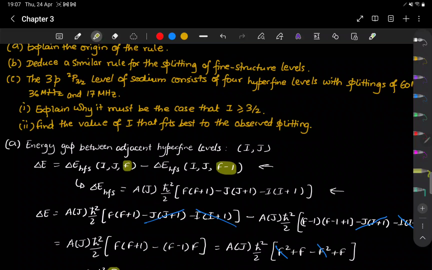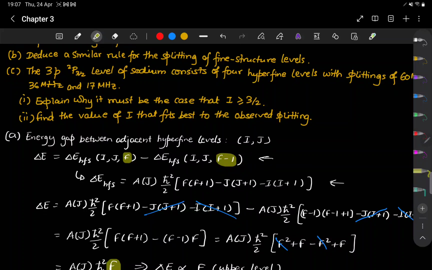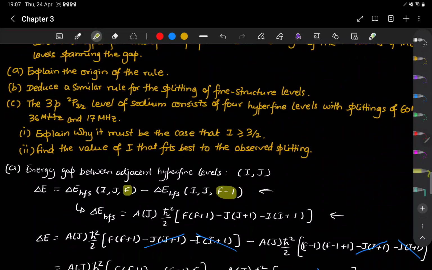So just like the hyperfine structure, we deduced a similar interval rule for the fine structure levels.